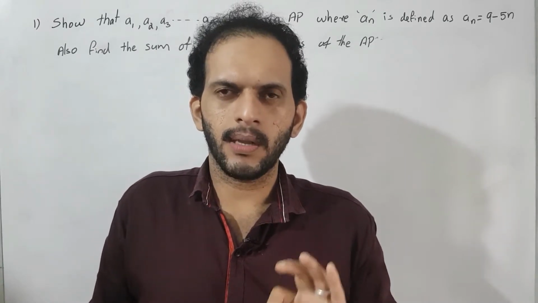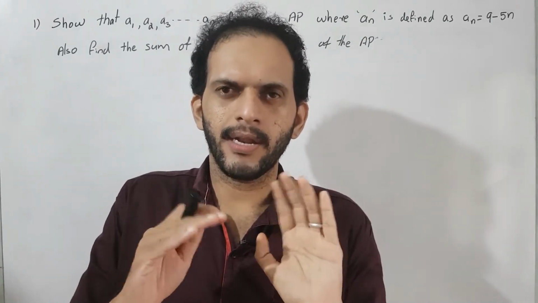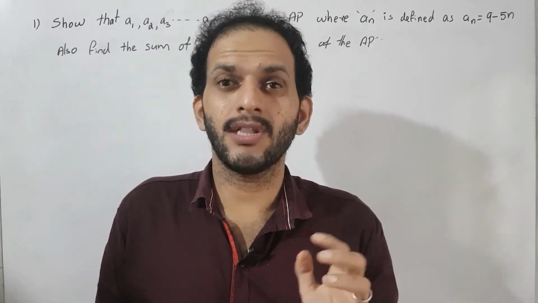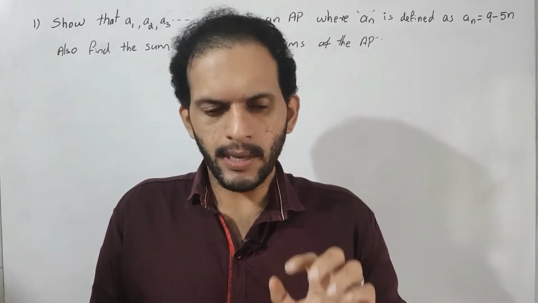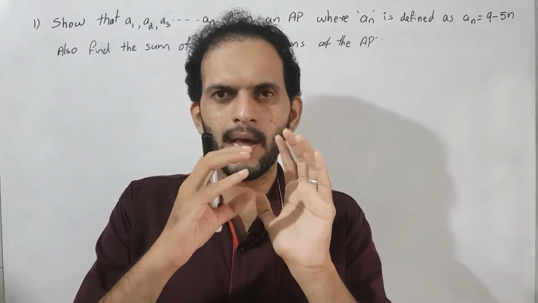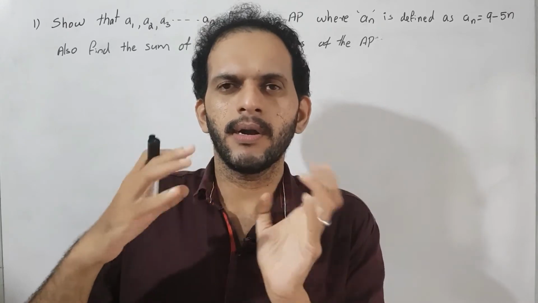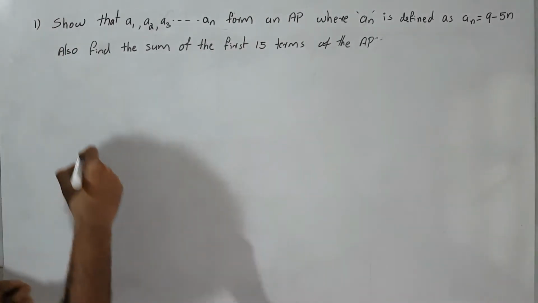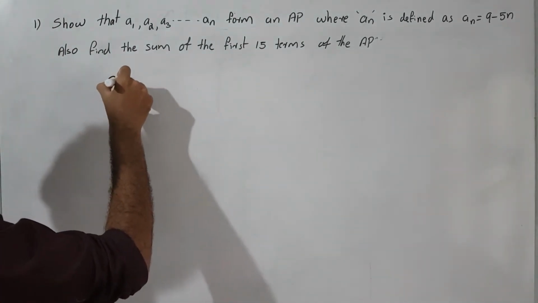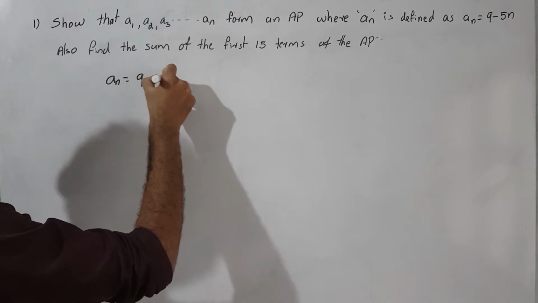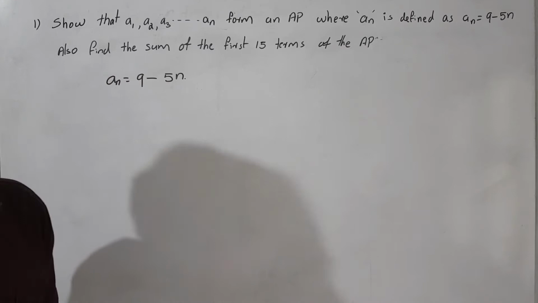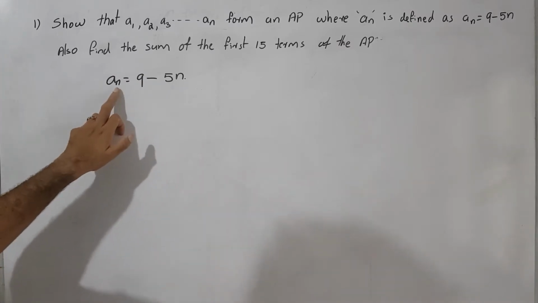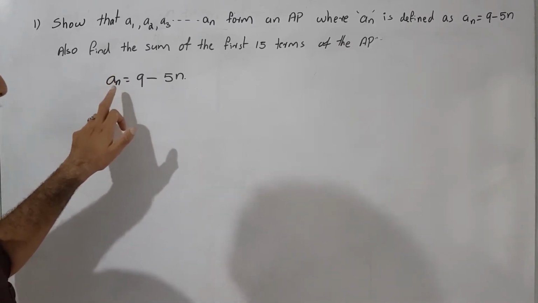If we say general form, as we substitute the value of n into it, if we change the value of n we get the terms in different positions. For example, an is equal to 9 minus 5n. This is a general equation of the AP, a general form of an AP. Then instead of n we substitute 1, then we get a1.